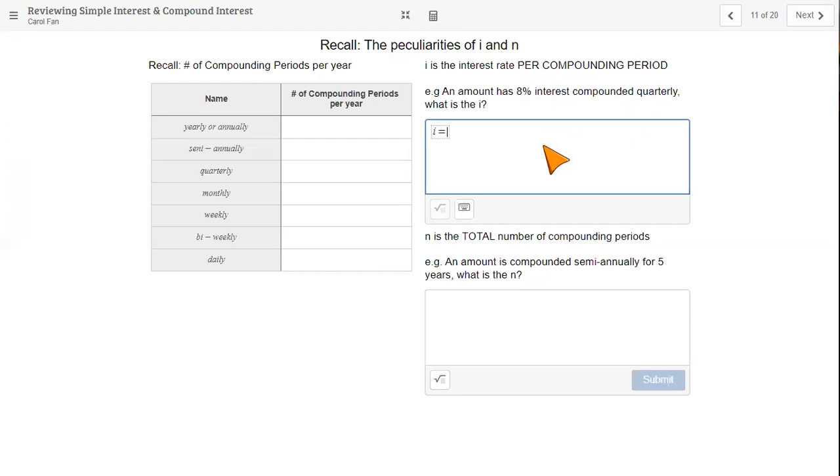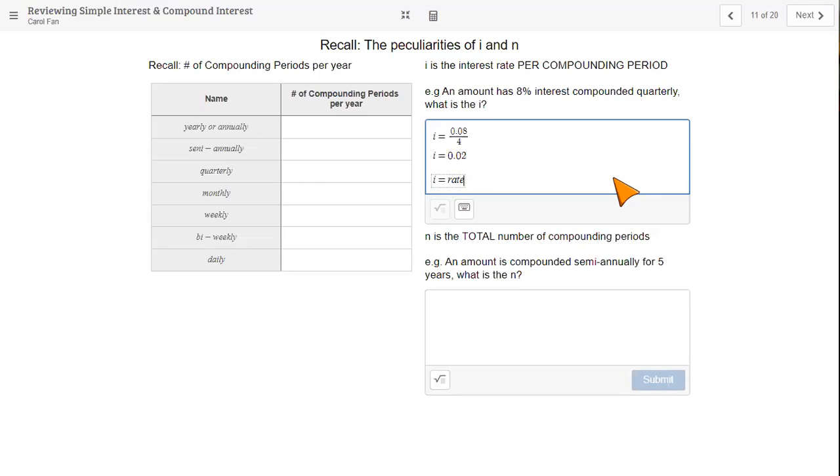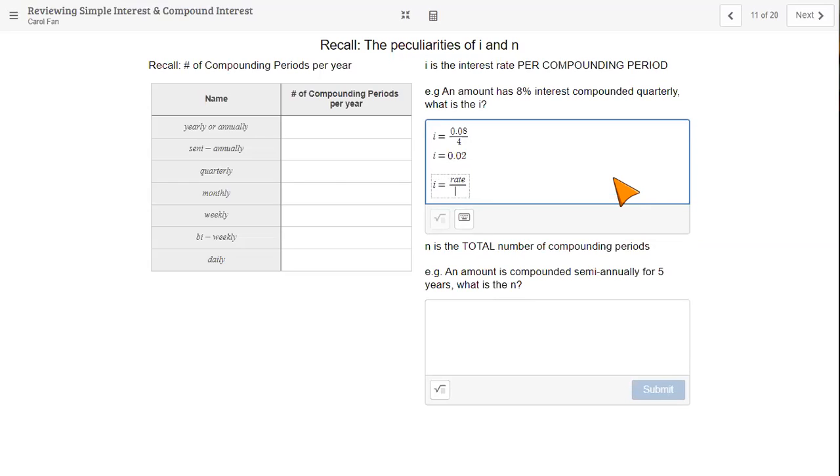So when we do that, we need to take our 0.08 and divide it by the number of compounding periods per year. So the interest per period is our interest rate divided by the number of compounding periods per year.